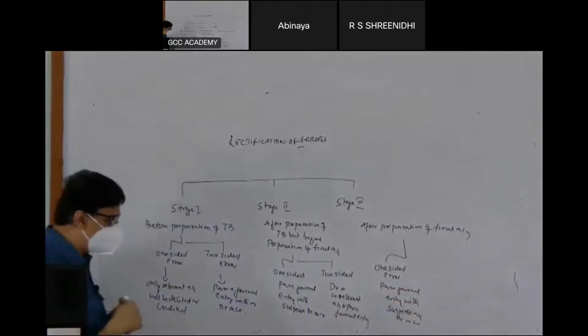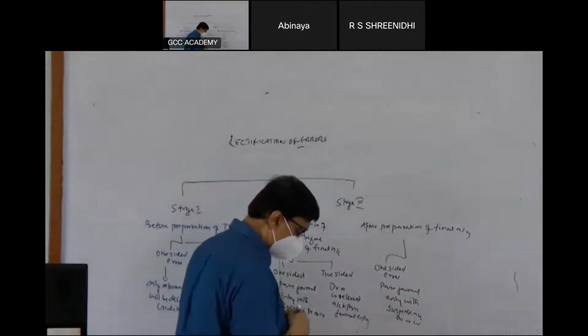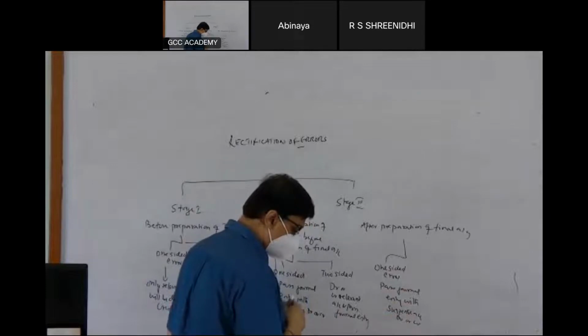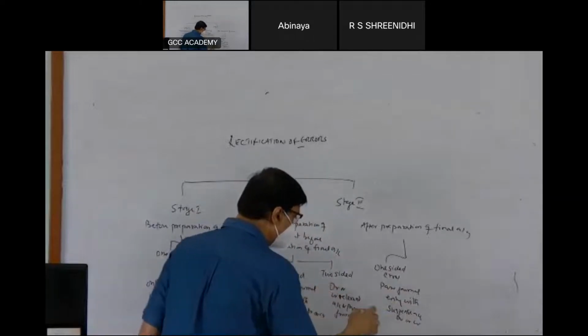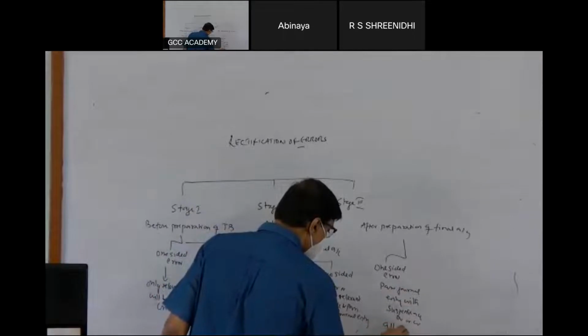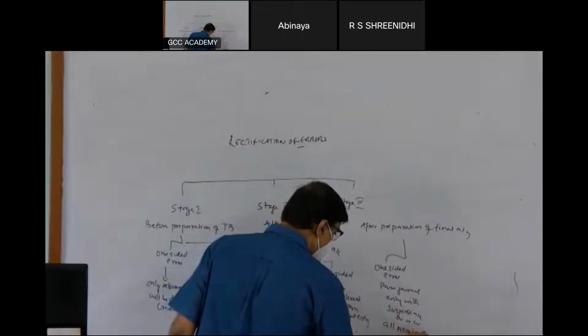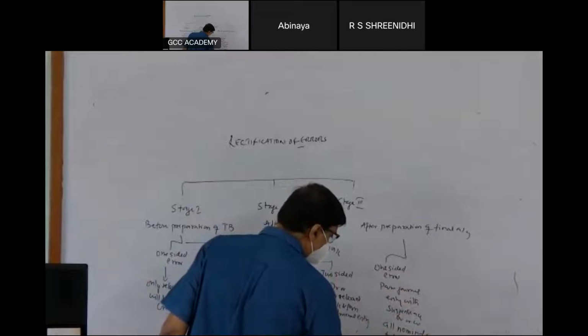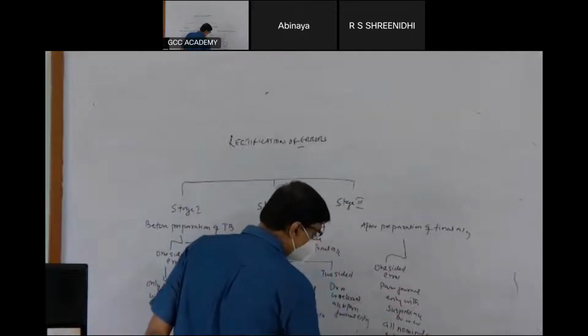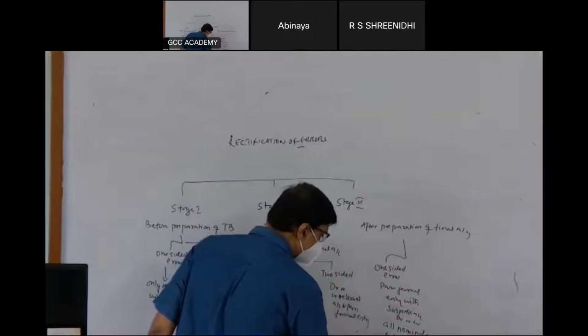But importantly, all nominal accounts are adjusted through an account called the P&L adjustment account.